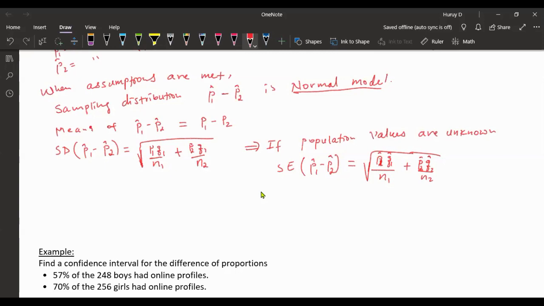And now, since we are finding the difference between two proportions, the variance of this becomes the sum of the variances of the individual ones. Those inside are the variances of P hat 1 and P hat 2. So the variance becomes more.